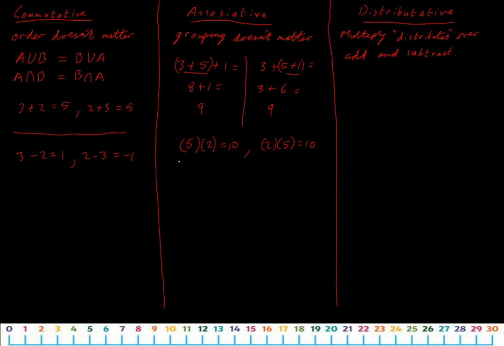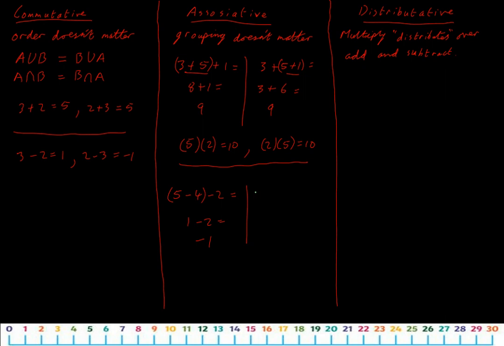But again, that's not true of everything. If I had 5 minus 4 minus 2, let's see what would happen with my grouping. I could do my left-hand side first, and I would have 5 minus 4 would be 1, and then minus 2. Again, we haven't done negative numbers very much, but that's going to end up being minus 1.